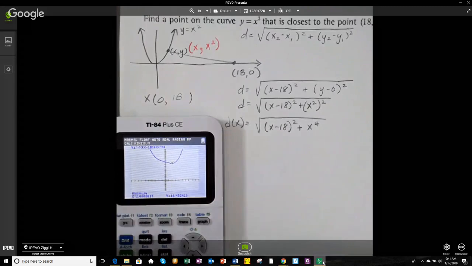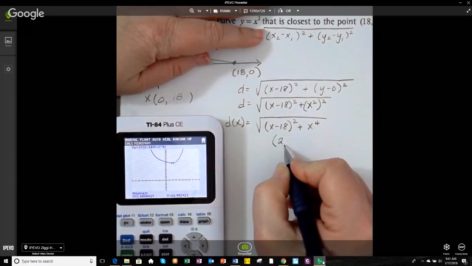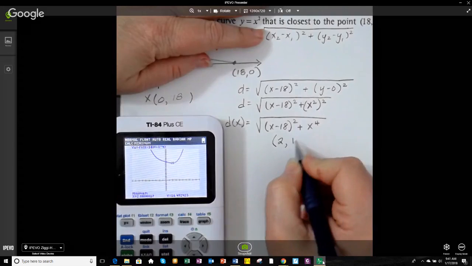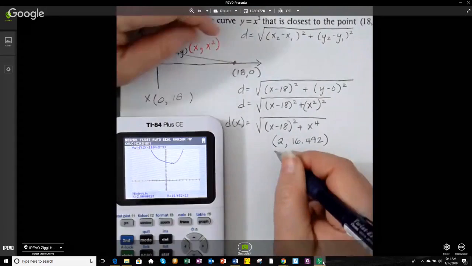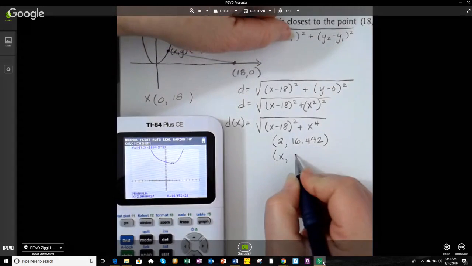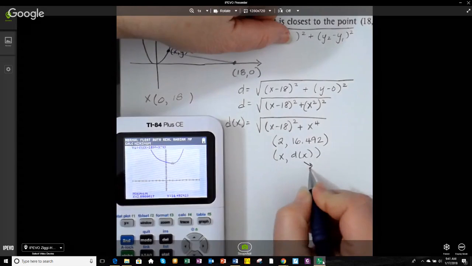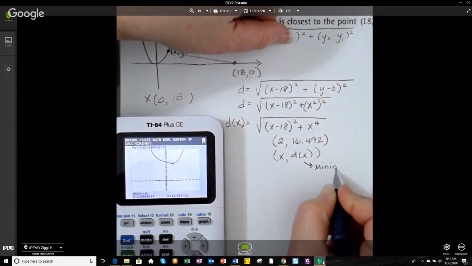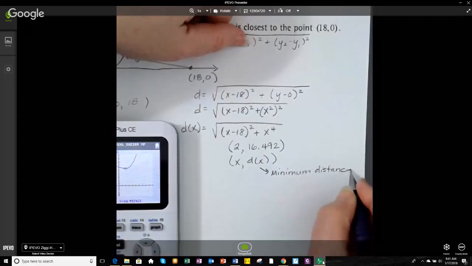All right, and my minimum point is going to be 2, comma, 16.492. So what does this point represent? This point represents an x and a d of x, right? So this is the minimum distance.